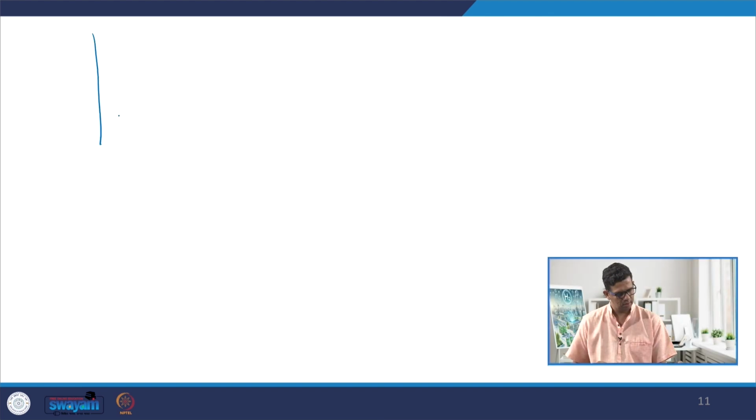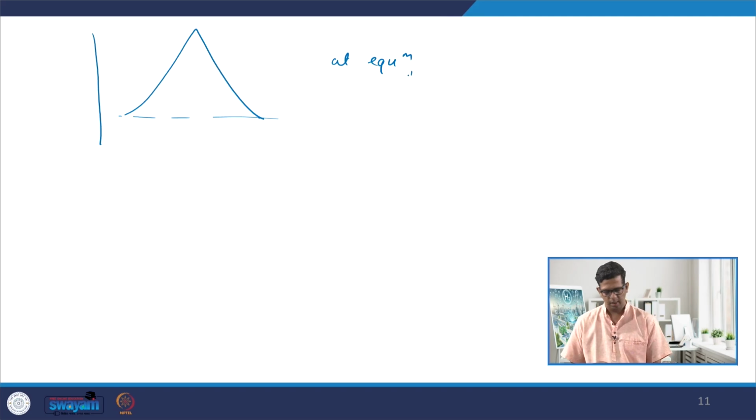So this is at equilibrium, wherein the forward and the reverse reactions have equal rates, which plus electrons.